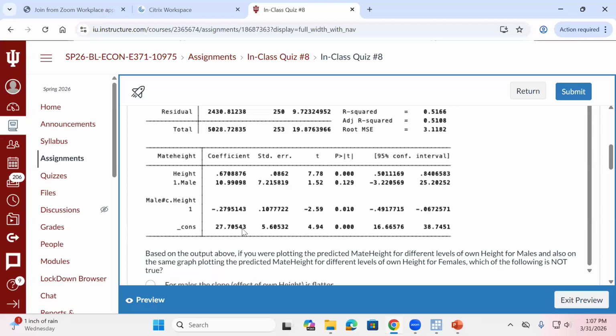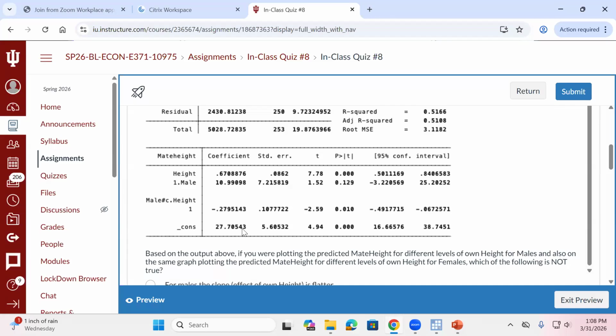Now, what is the predicted change in mate height for that 0 group, or essentially, what is the marginal effect of the continuous variable, their own height, for females, where male is equal to 0? If their own height goes up by 1, what would get added into my prediction? Beta 2.